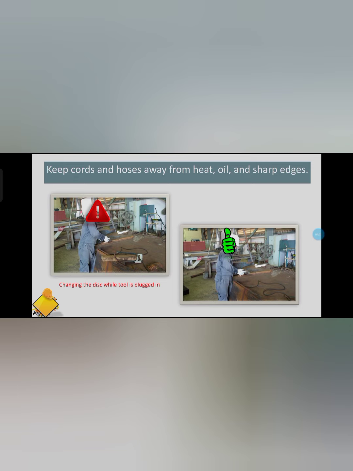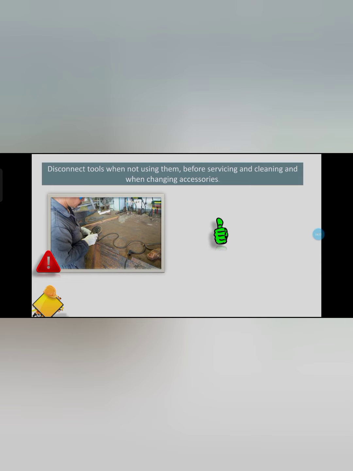Next, disconnect tools when not using them, before servicing and cleaning, and when changing accessories. Based on our pictures, he is changing his accessories but has not disconnected the plug; it is still plugged in.